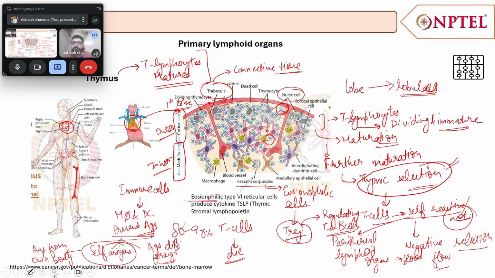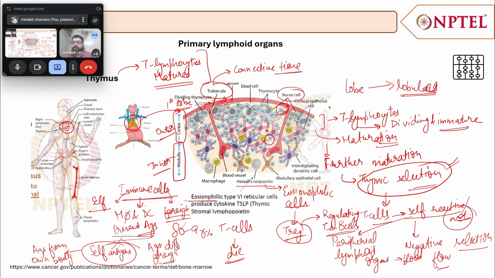All the proteins and any other thing present in our body is presented as self antigens to these immune cells, so that they can recognize what is a self antigen present in your own body and what is a foreign antigen.